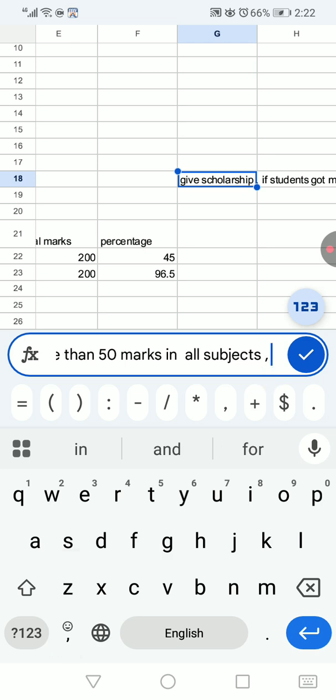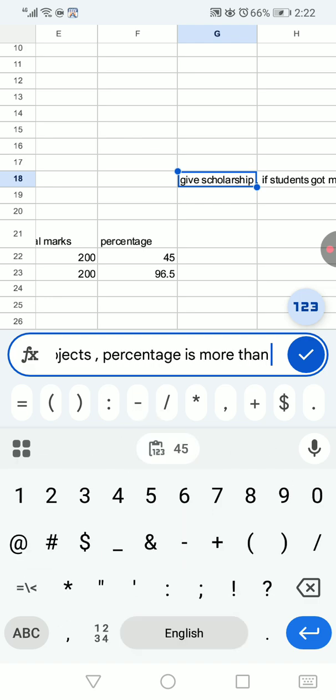And second criteria, percentage is more than 75%.